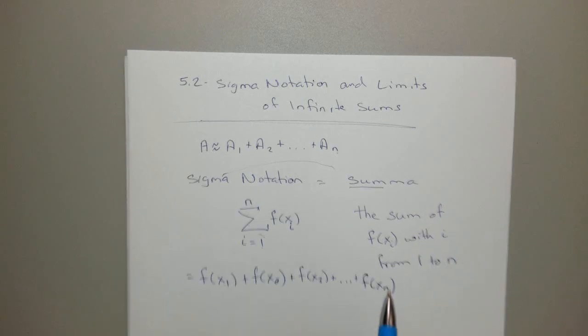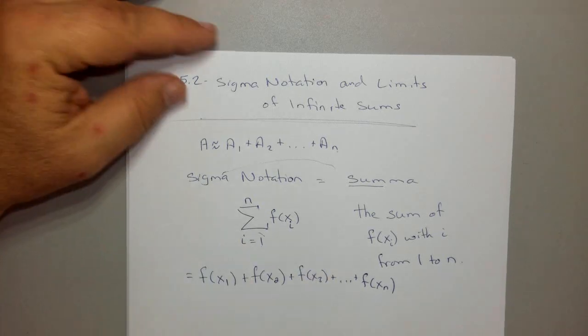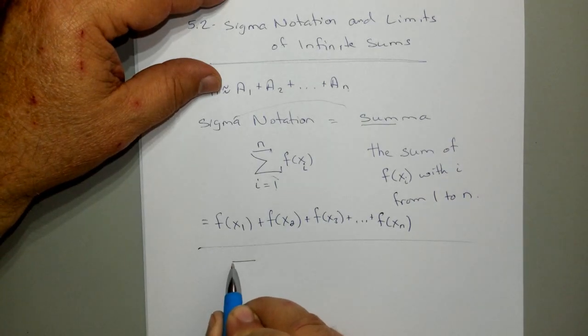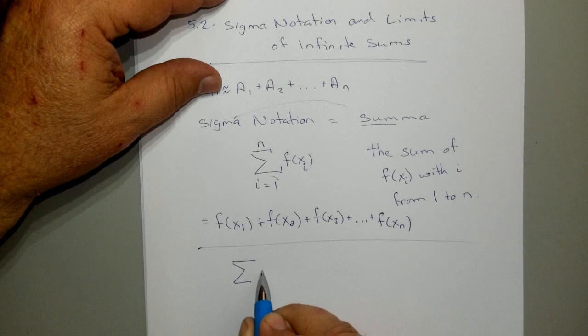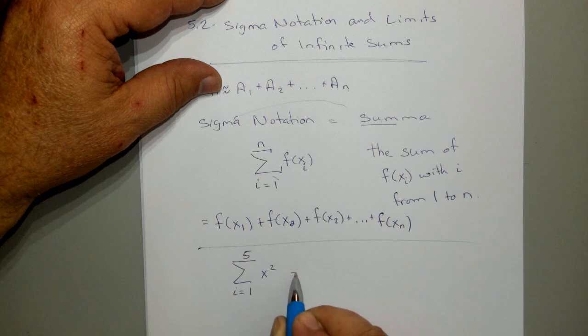Then we find the values, add them up, and that is our sigma. So let's do this one.